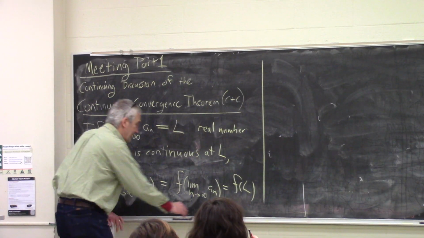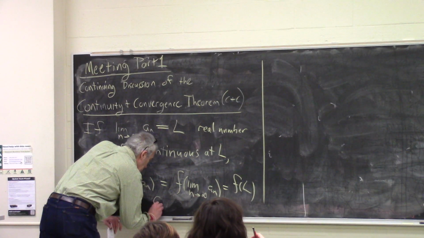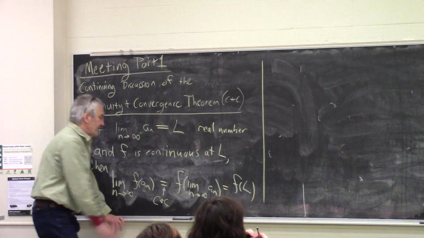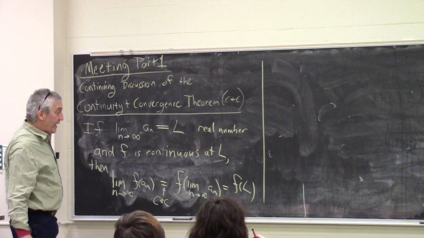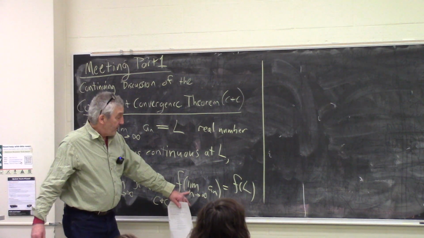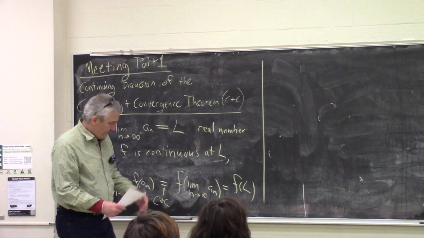So this is by the C and C theorem. It tells you in certain situations you can bring limits inside of parentheses. And then that limit, of course, is the number L, so this would just be f of L.